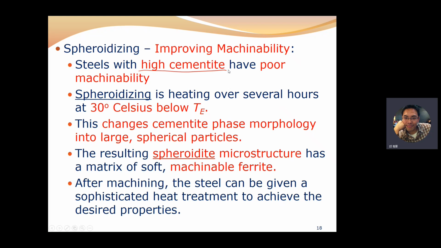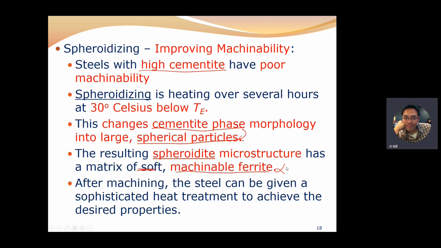This changes the cementite phase morphology into large spherical particles. The cementite phase transfers to spherical particles, and it's called spheroidizing. The resulting spheroidite microstructure has a soft matrix, which is a machinable alpha ferrite.